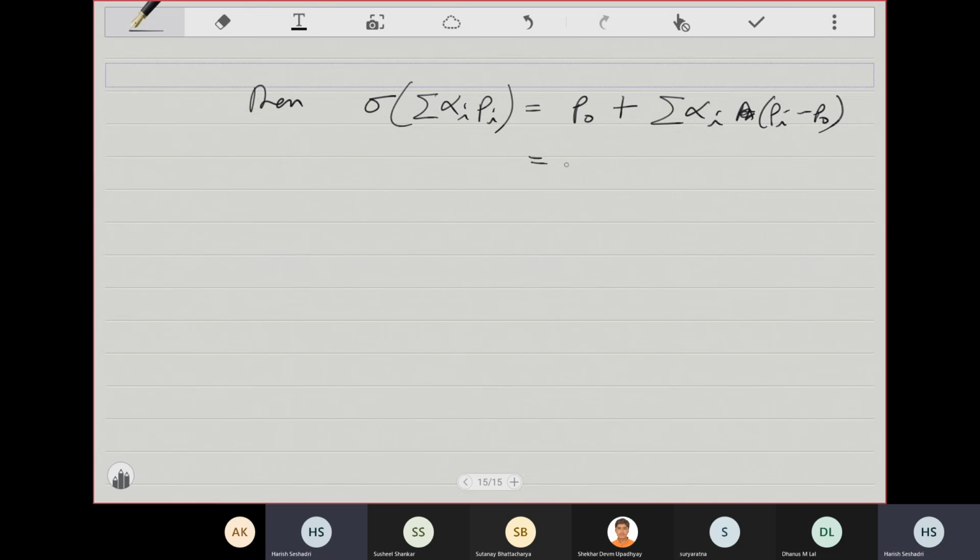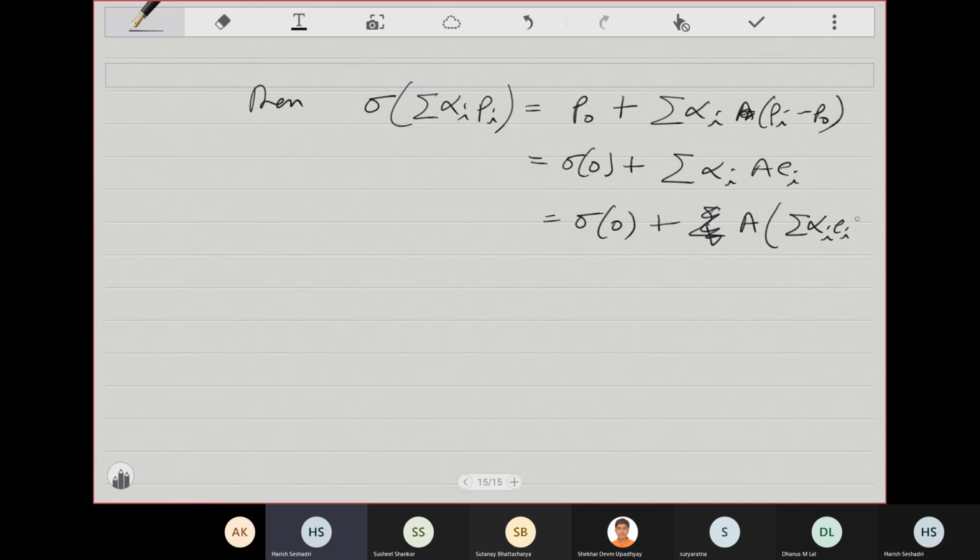As we saw, this was sigma 0 plus the sum of alpha i A ei, which I can write as A of the summation of alpha i ei. Sigma of v equals sigma of 0 plus A v.